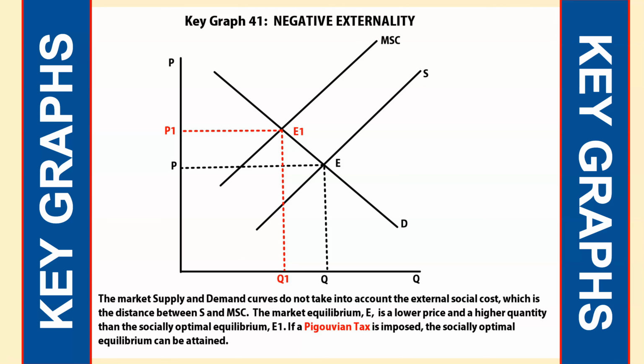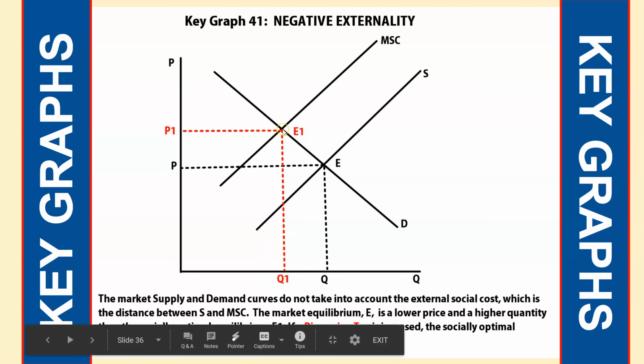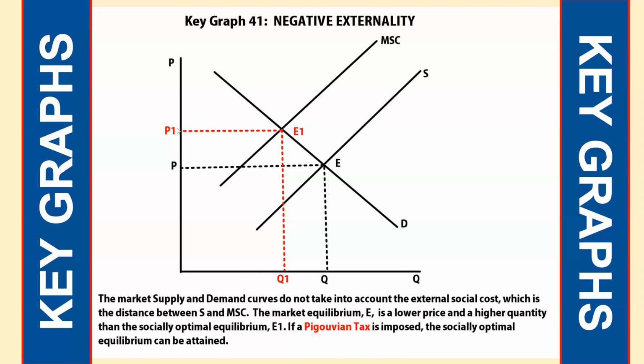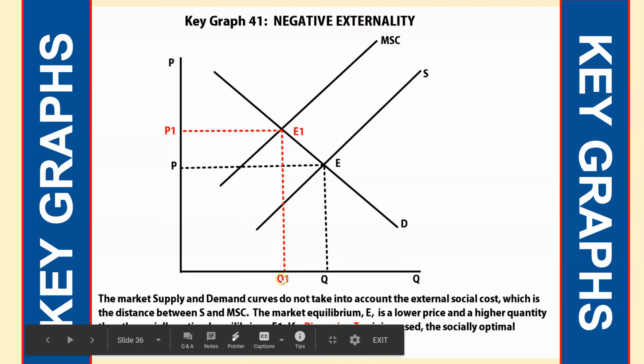And that leads to our key graph on negative externalities. Again, a Pigouvian tax, a tax bridging the gap between the marginal private cost, or the supply curve, and the marginal social cost, the upward sloping curve, means you'll be producing at E1, at Q1 in terms of quantity, equilibrium at E1, and price level at P1. Now, the consumer is going to pay more for that item, which is hopefully going to discourage some users from buying the product and help with the smaller quantity.